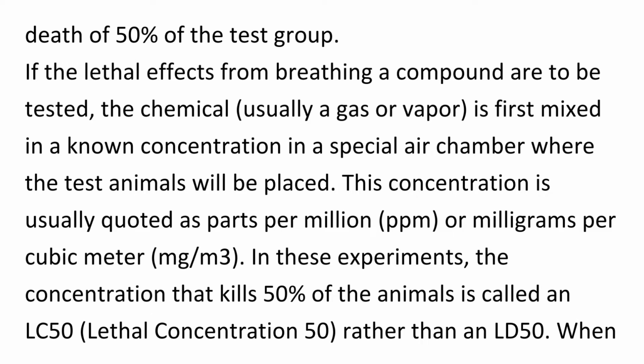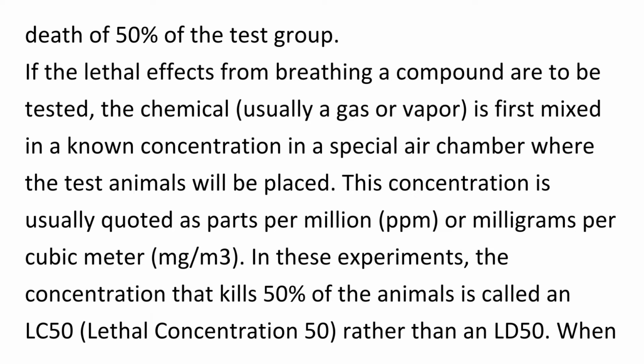If the lethal effects from breathing a compound are to be tested, the chemical, usually a gas or vapor, is first mixed in a known concentration in a special air chamber where the test animals will be placed. This concentration is usually quoted as parts per million, ppm, or milligrams per cubic meter, mg/m3.